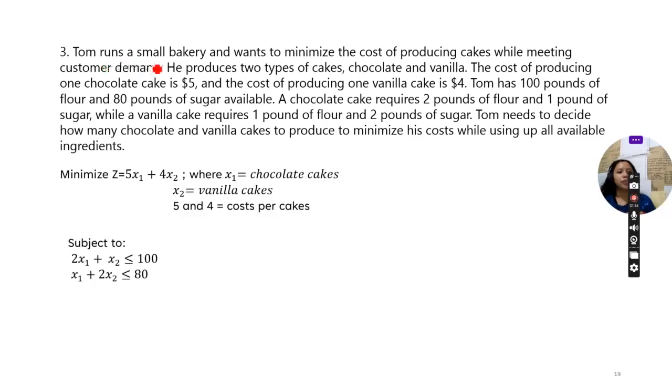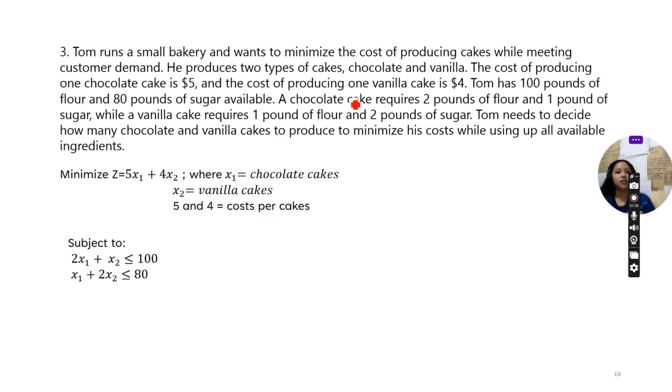Number 3. Tom runs a small bakery and wants to minimize the cost of producing cakes while meeting customer demand. He produces 2 types of cakes, chocolate and vanilla. The cost of producing one chocolate cake is $5, and the cost of producing one vanilla cake is $4.